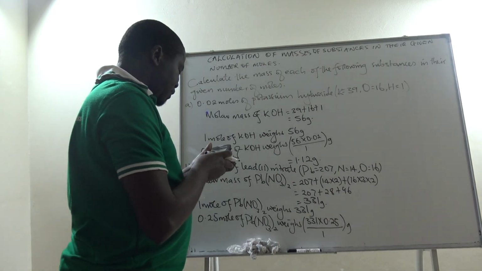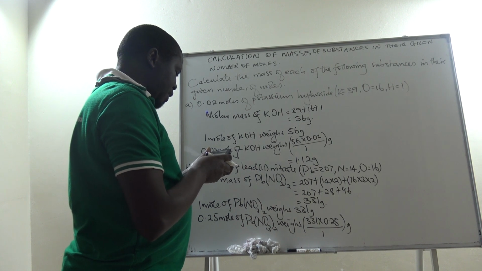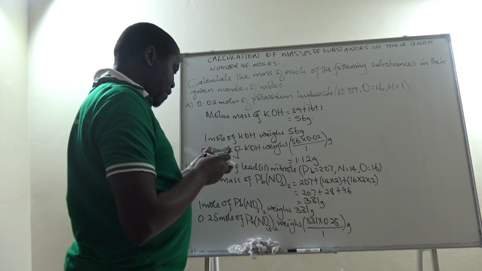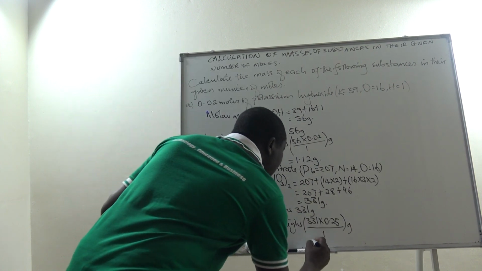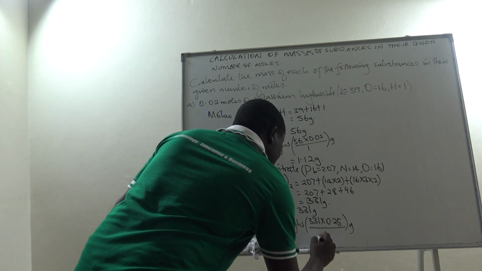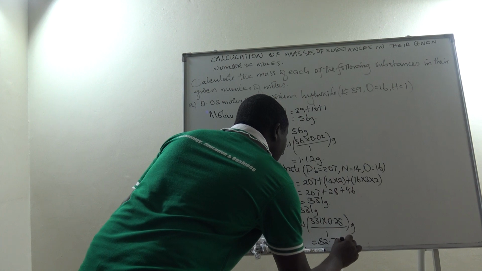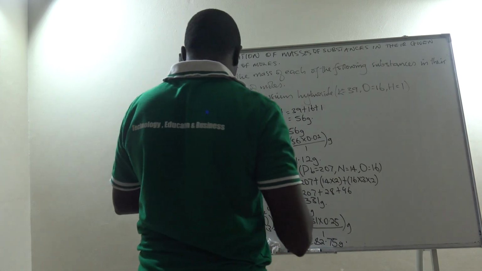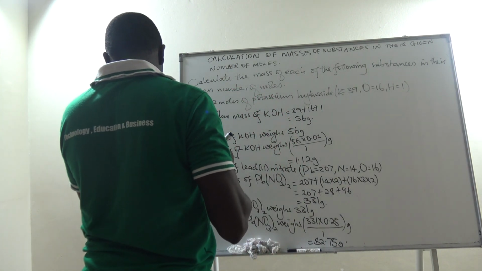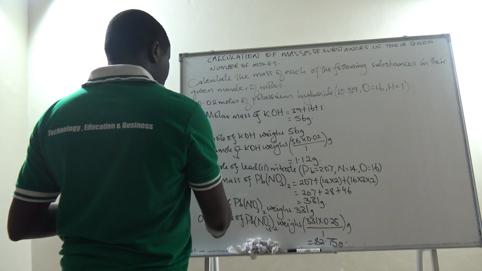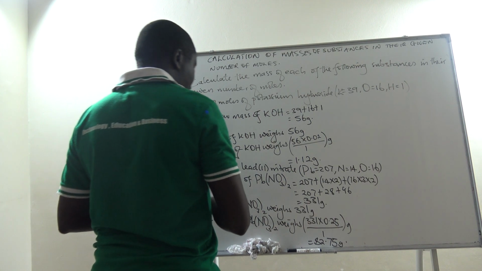So let us get it using our calculator. 331 times 0.25, and I have got here 82.75 grams. So that is the mass of lead 2 nitrate in 0.25 mole of lead 2 nitrate.